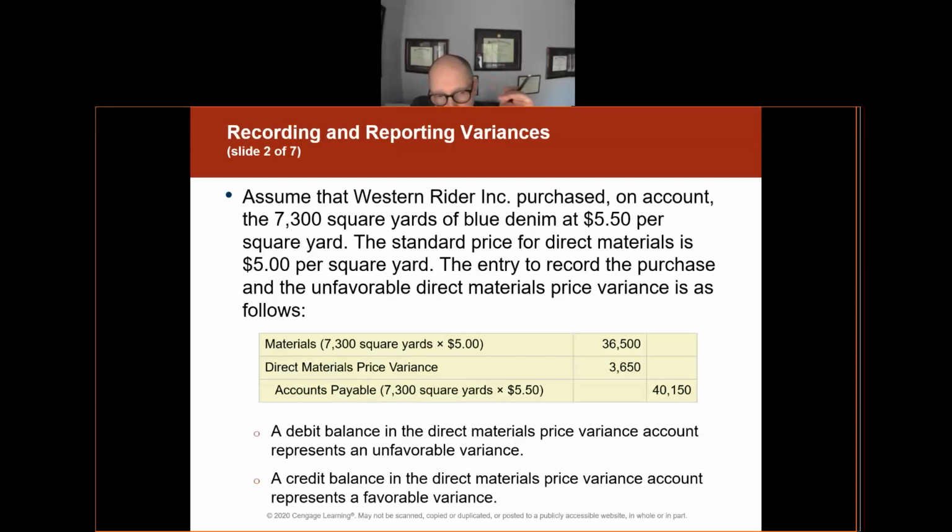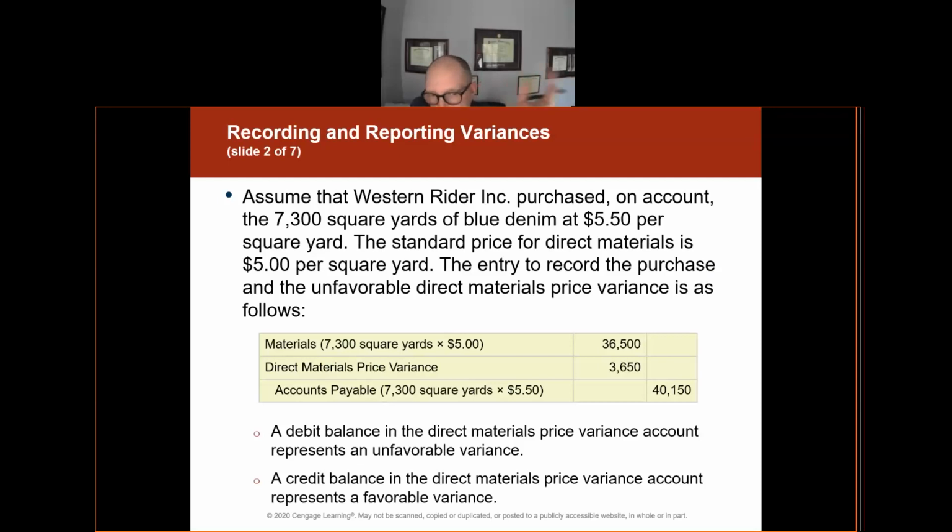Then we debit direct materials price variance account. Remember the word variance means difference, the difference between the standard and the actual. The difference is 50 cents per square yard, so 50 cents times the number of square yards purchased, 3,650.